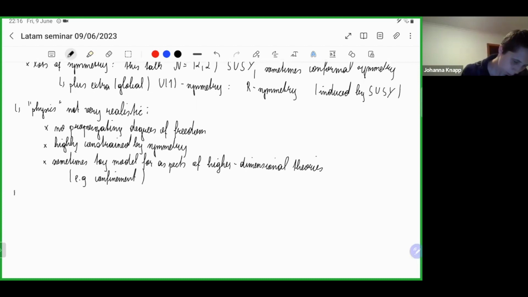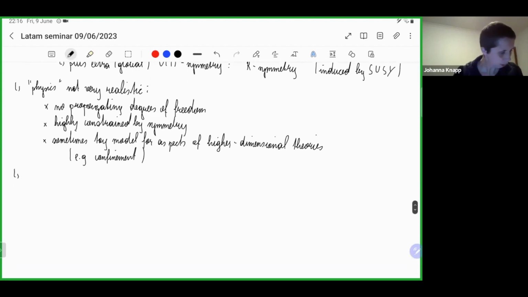So that will not be my main topic, but I felt the need to mention that there is actually also some interesting physics encoded in this rather mathematical area. Okay, so the main point I want to make today is that the theories encode, at least hopefully, interesting mathematics.